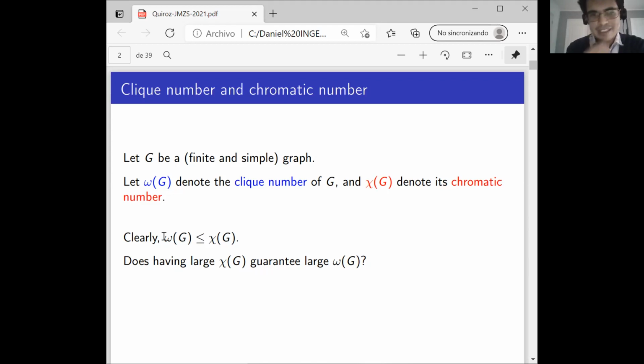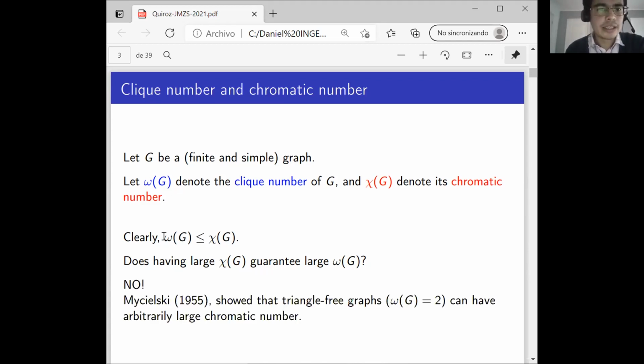So if you have large clique number, then you're going to have large chromatic number. Does it go the other way around? If we have a large chromatic number, can we guarantee that we have a large clique subgraph? And the answer, as Marthe already mentioned, is an emphatic no.